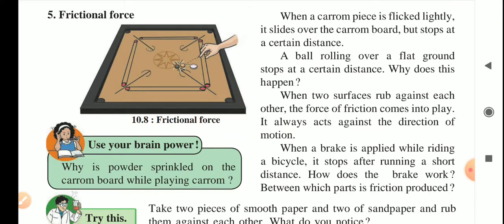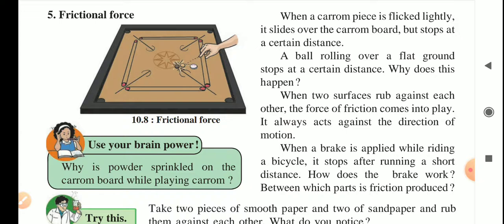The reason is when two surfaces rub against each other, the force of friction comes into play. There will always be a force of friction when two surfaces rub against each other. When a carom piece is flicked lightly, it will slide over the carom board. There will be friction between the carom piece and the wooden board, right?